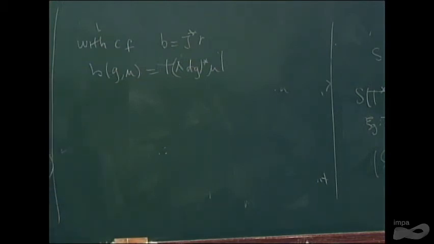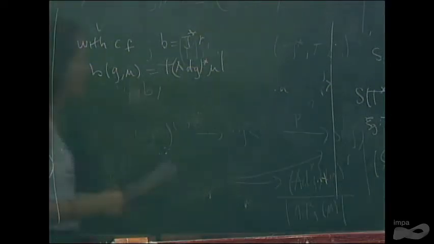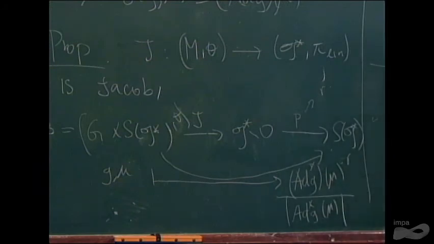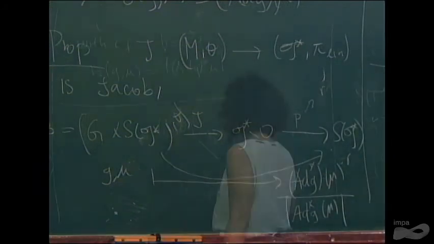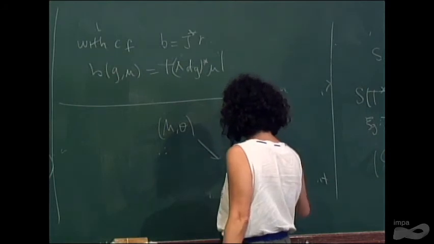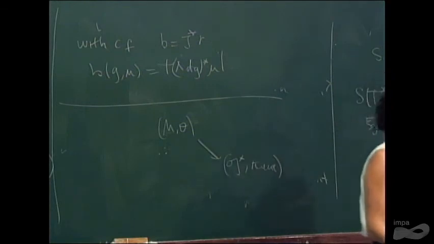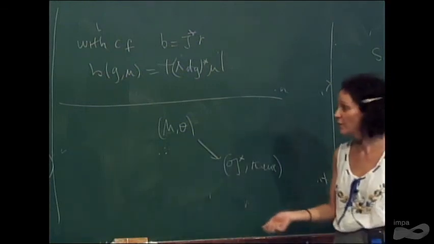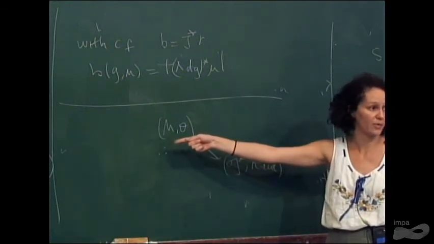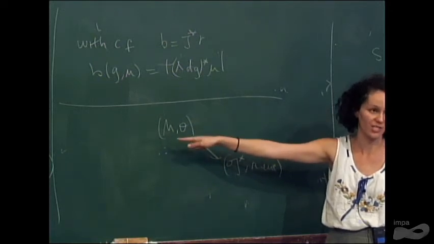Okay, but now let's see from here. Whenever you have this contact action, you have this map, which you already know is a Jacobi map. And then this leads us again to this very natural question of what happens with the orbits, well, with the quotient space.